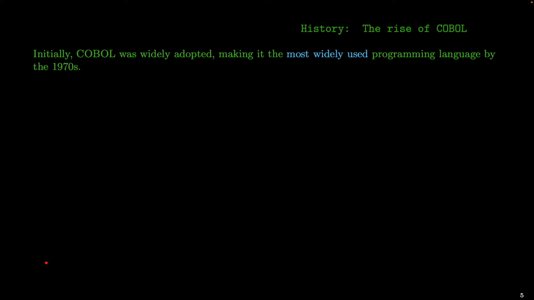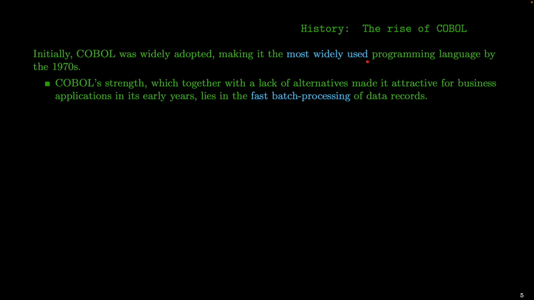So initially, COBOL was very widely adopted, so apparently the idea of having a business-focused language was very appealing. And by the 1970s, it became the most widely used programming language. Now, its strength, which made it attractive, and of course that was also due to the lack of alternatives, was that it was really good at batch processing of data records.